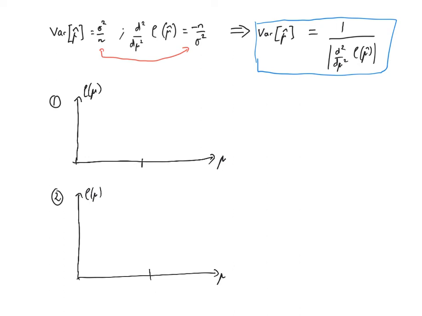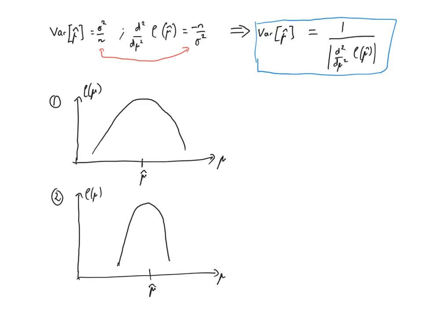In the first case, we're going to have a very wide quadratic function, something like that. Whereas in the second case, we're going to have a much narrower quadratic function for the log likelihood, maybe something like that. Both of these have the same maximum at mu hat.